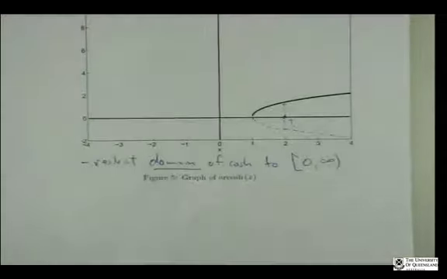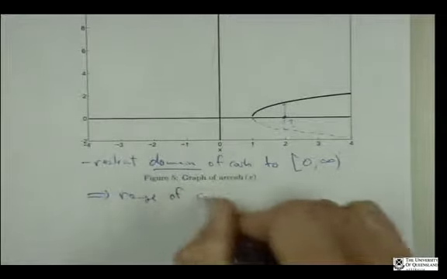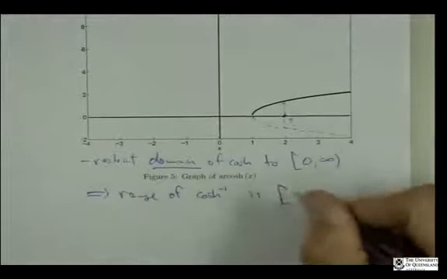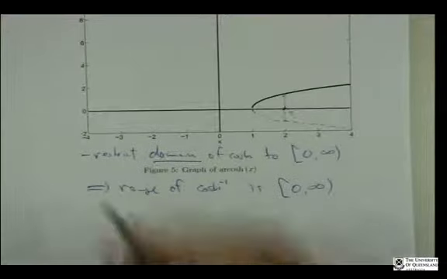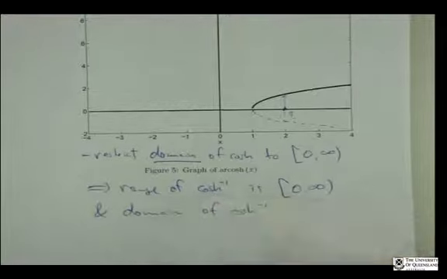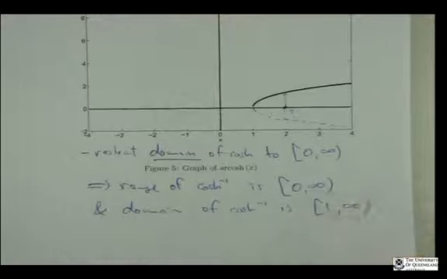If that's the domain of cosh, then that implies that the range of the inverse function, cosh inverse, is now the same as that restricted domain: the interval from 0 to infinity, or just real numbers greater than or equal to 0. And the domain of the inverse function is just that range of cosh, so all real numbers greater than or equal to 1.